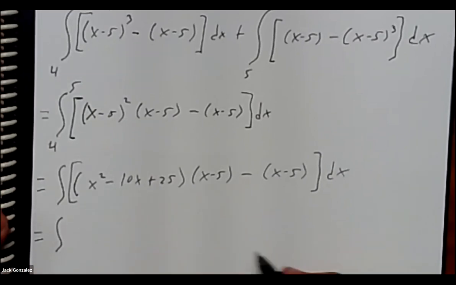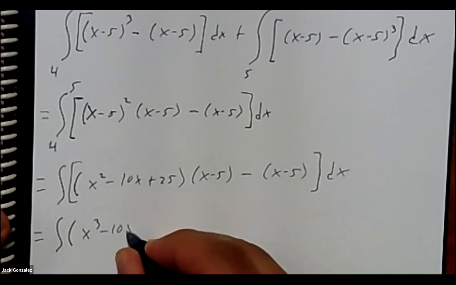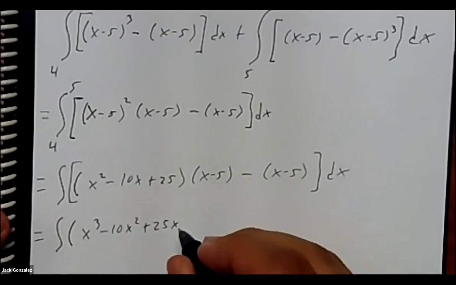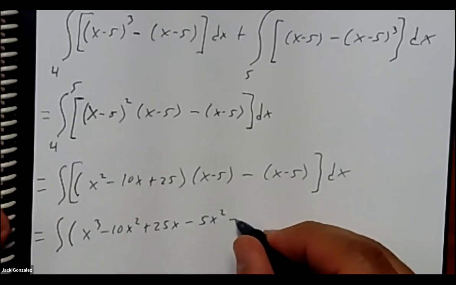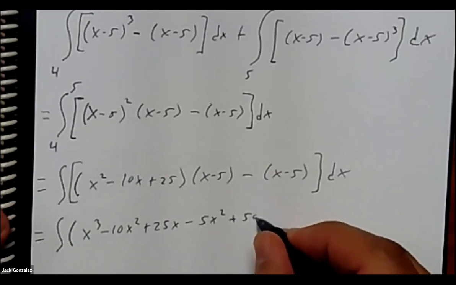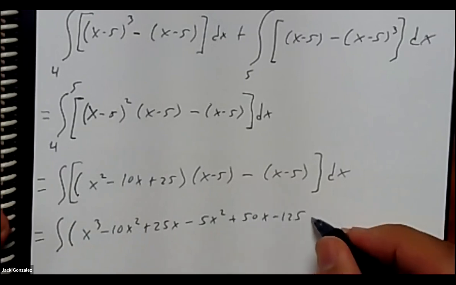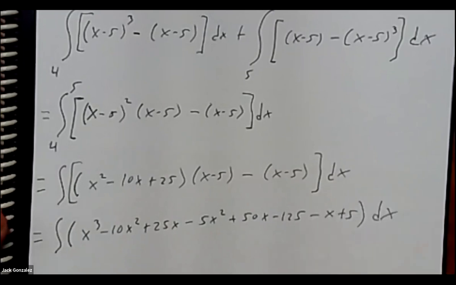That will be x cubed minus 10x squared plus 25x minus 5x squared minus 50, plus 50x minus 125 minus x plus 5. So there's my nasty garbage.